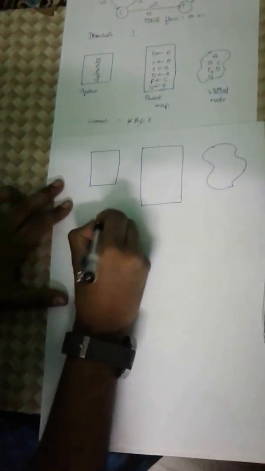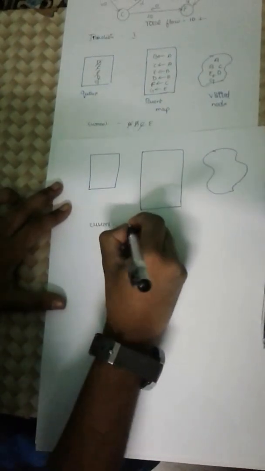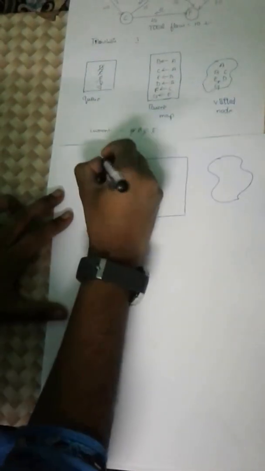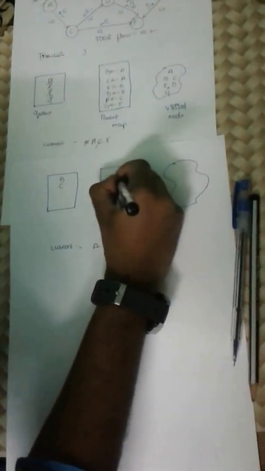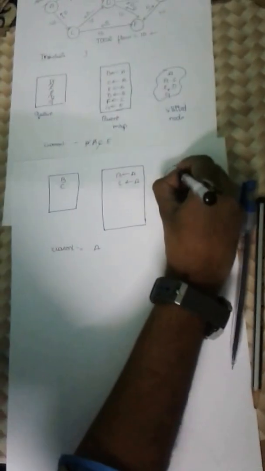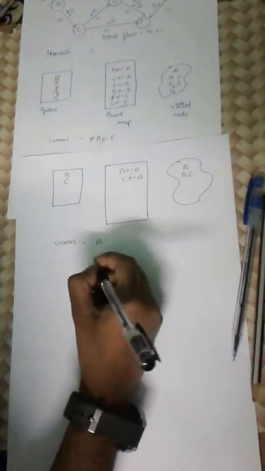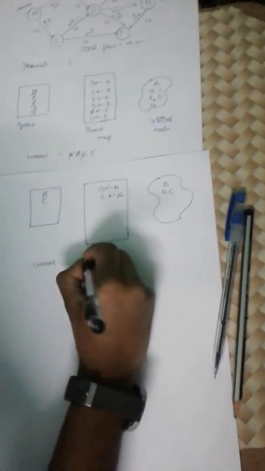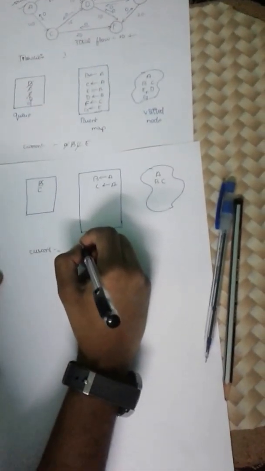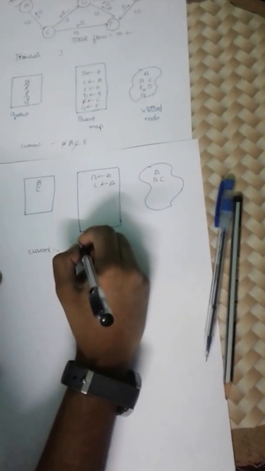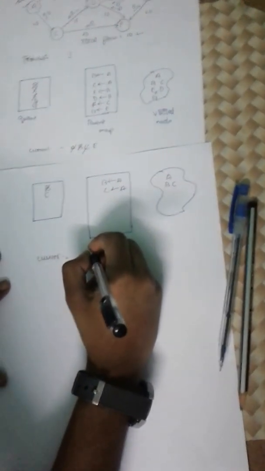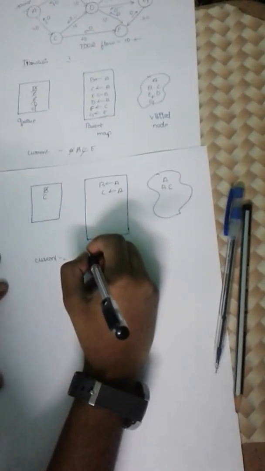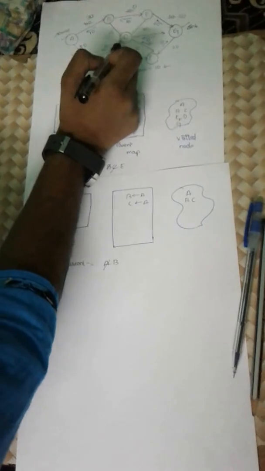Now again my current will be A. From A it goes to B and C. So B is from A and C is also from A, and visited nodes will be B and C. And next, after completing A, I'll move to B. From B we can't go anywhere because we don't have the path to E, but we can go to D.